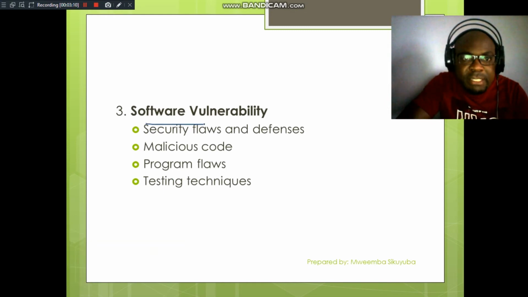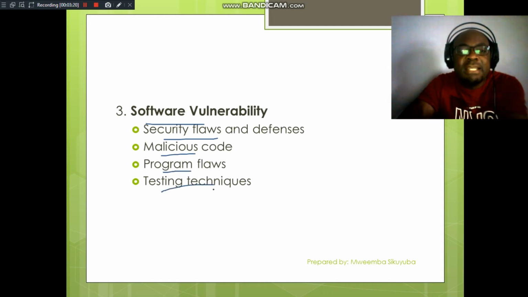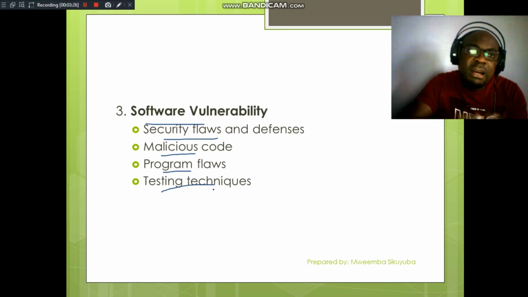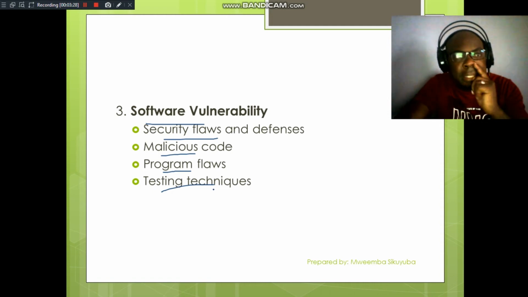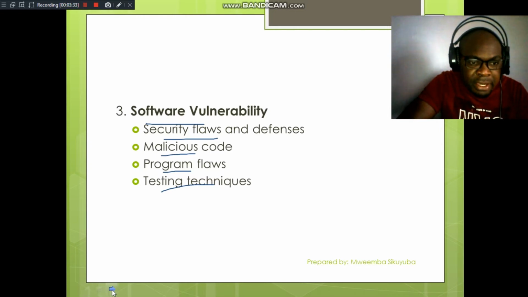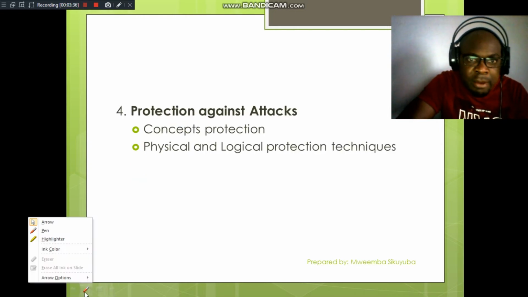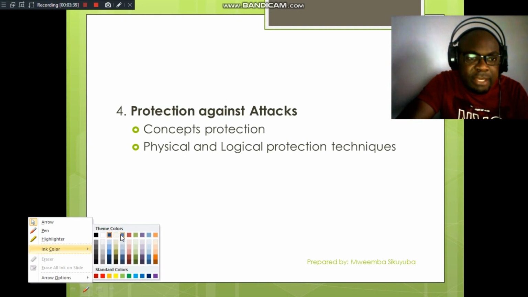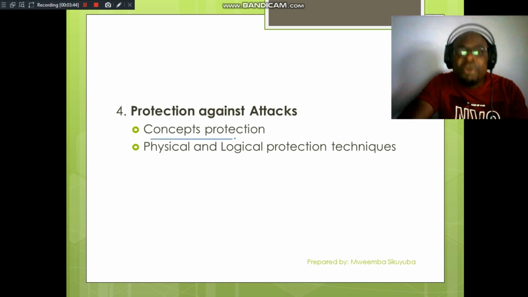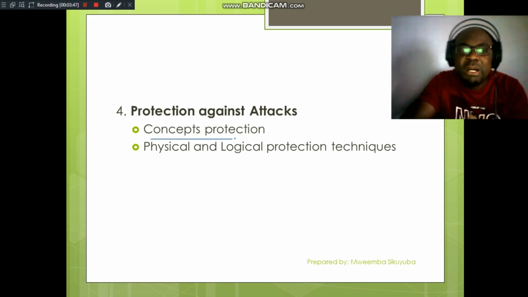We are also going to look at software vulnerabilities: security flaws and defenses, malicious code, program flaws and technical testing techniques. These are some of the things we will cover in chapter 3 of our study. We are then going to look at protection against attacks, the different ways of protecting against attack, and the whole concept of protection.